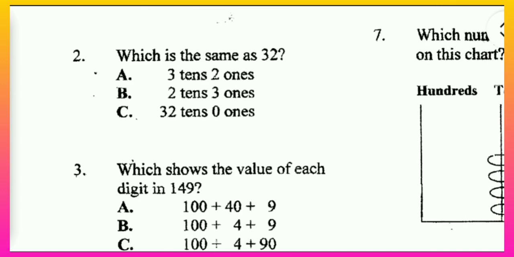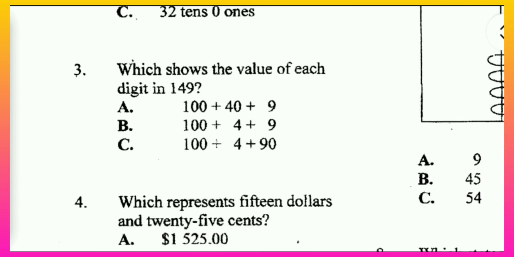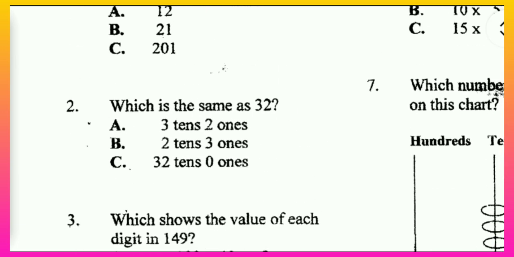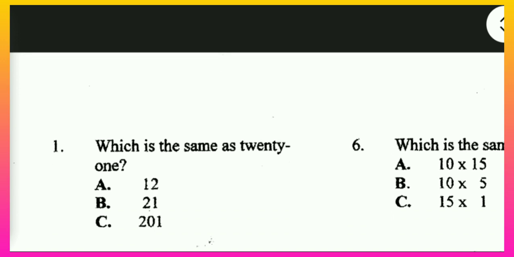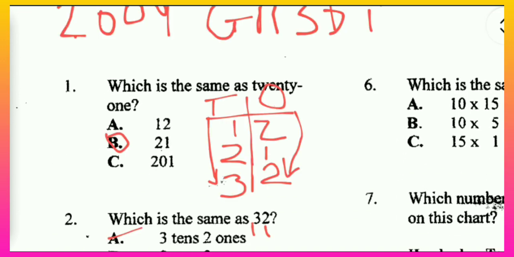Moving on to number 3, which shows the value of each digit in 149. If you were to come back and borrow this table up top, or you can draw a new table, and let's extend it a little and put the 100. Alright, so now we're using 3 columns and it says 149.